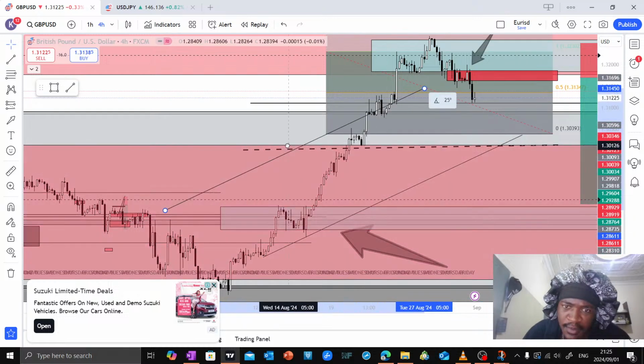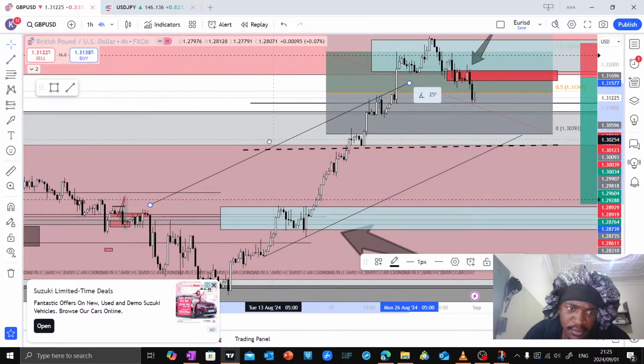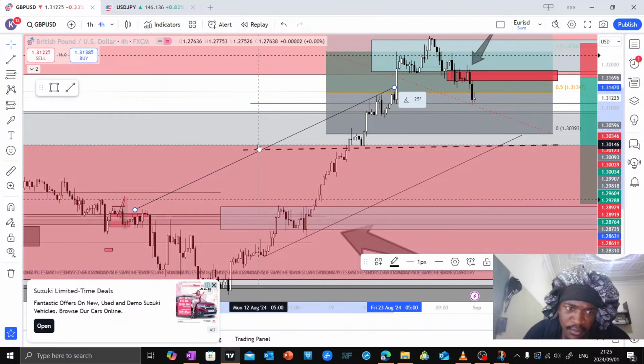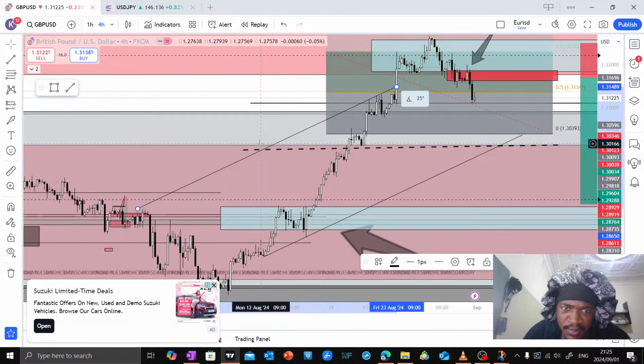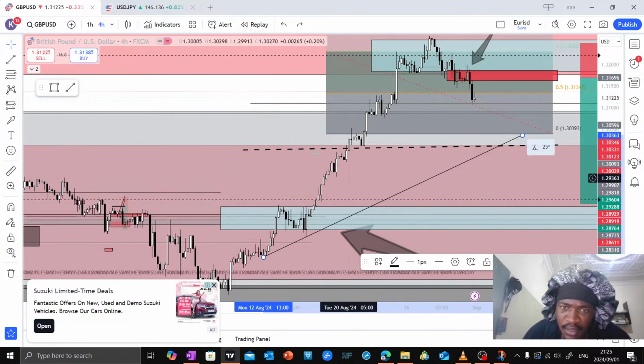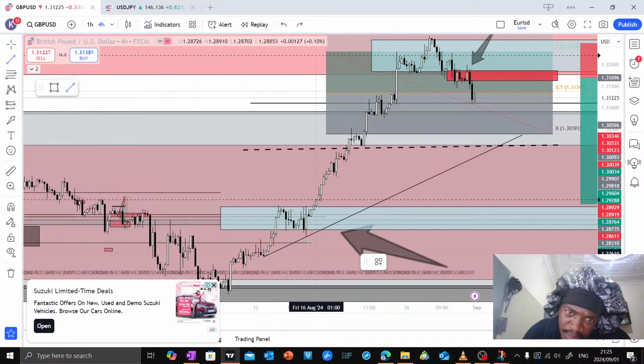Could we map this? This one is a bit meaningless. By the way, for the push to the upside, you can map these ones.